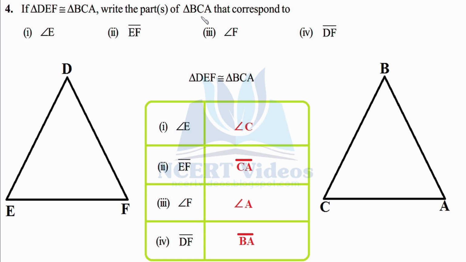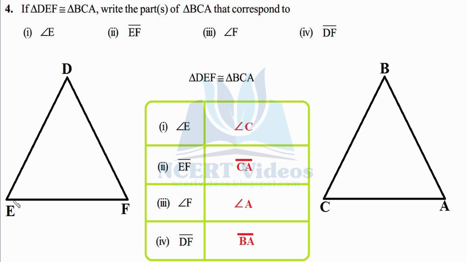Now write the parts of triangle BCA that correspond to the following. So we have to find those parts in this triangle which are associated with, or correspond to, parts of this triangle.